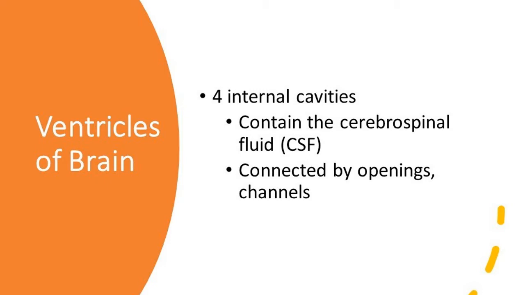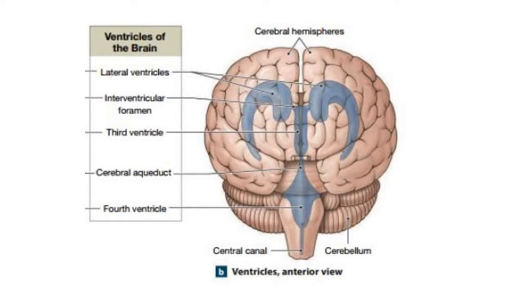Now these 4 cavities or the ventricles are connected by openings or channels. So in total, there are 4 ventricles, 2 lateral ventricles, 1 third ventricle and 1 fourth ventricle.